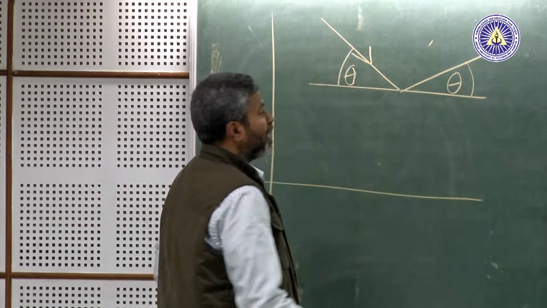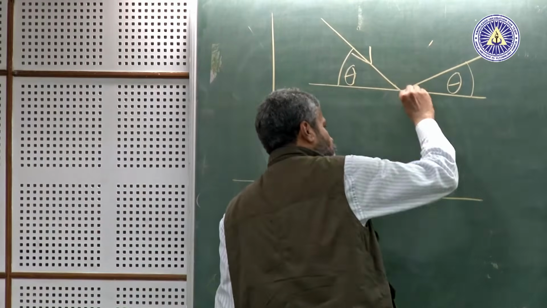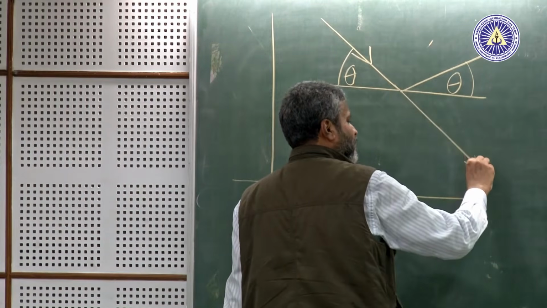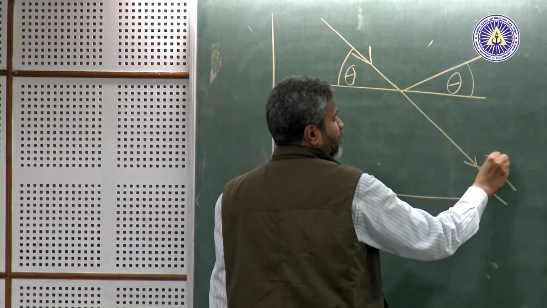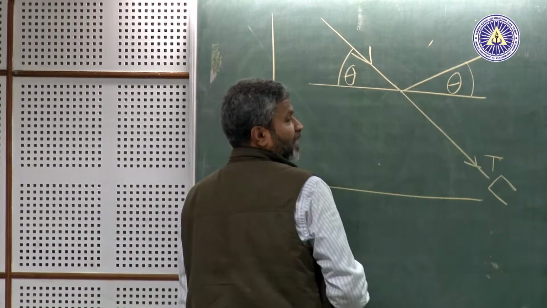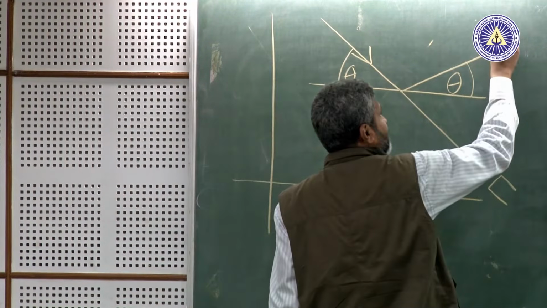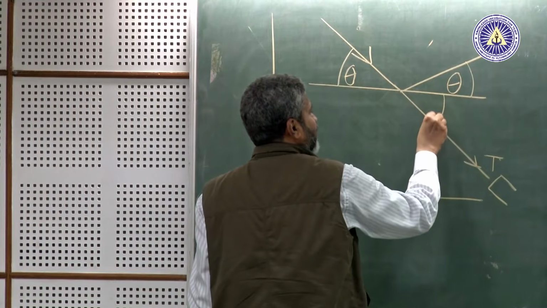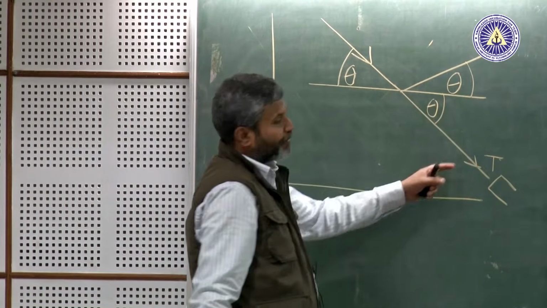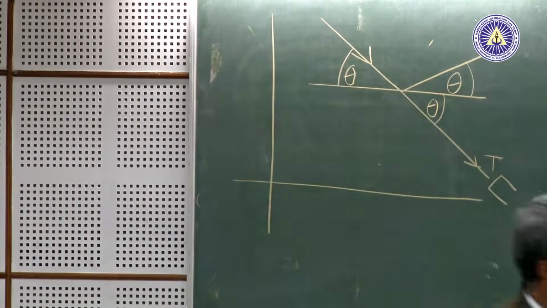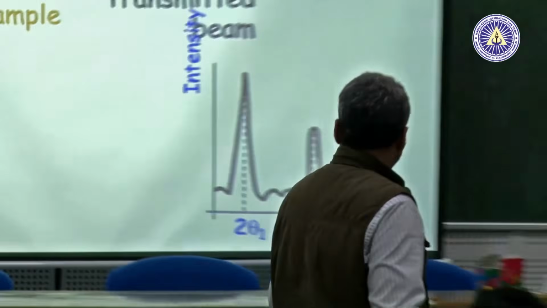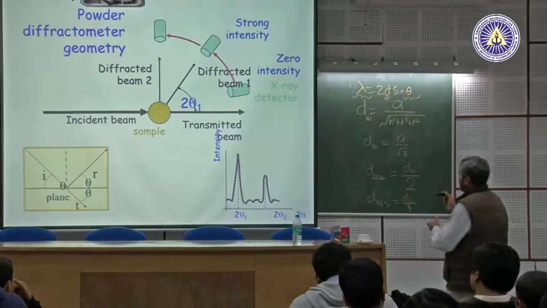The experimentalist can't see the plane, that is why this 2 theta concept came. The experimentalist can see where the transmitted beam is going. He can catch that, and he can catch the diffracted beam, and then by geometry the angle between the transmitted and diffracted beam becomes 2 theta, and that is why you plot intensity as a function of 2 theta.